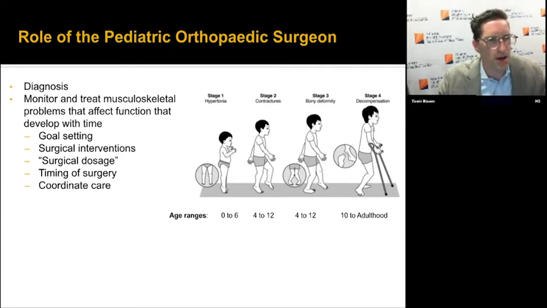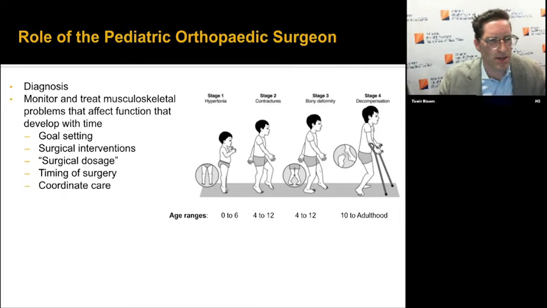So within the scope of these problems, some of the issues that we deal with include setting appropriate goals for our interventions, deciding which surgical interventions we should do and when we should do them, also the surgical dose.